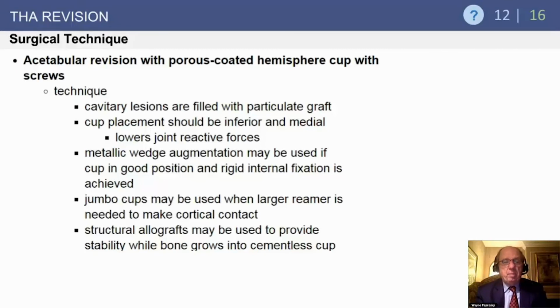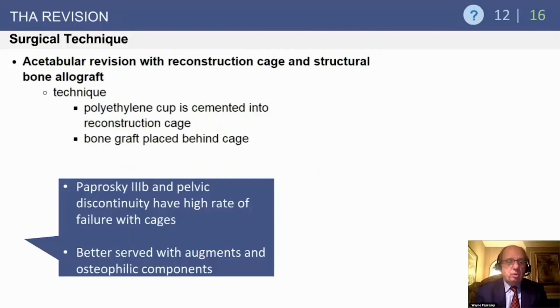Jumbo cups may be used when a larger reamer is needed to make cortical contact, but we have to be careful that we don't ream any of the columns away just to get a big cup in. Structural allografts may be used to provide stability while bone ingrowth occurs in a cementless cup, but only as a belt and suspenders. If it's primarily used to give primary support, they have a high failure rate, as we mentioned previously.